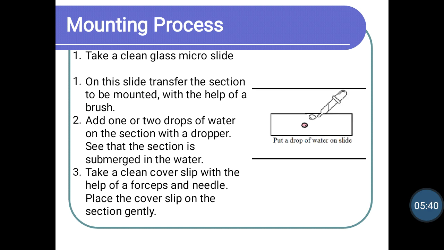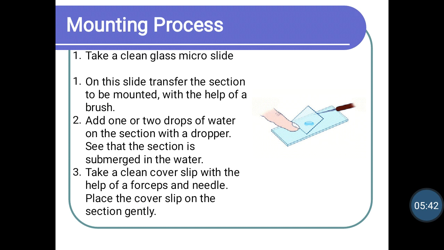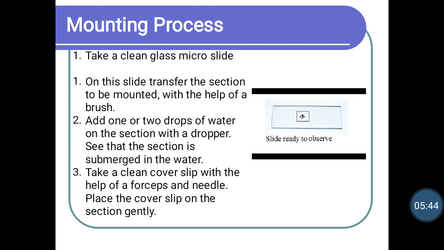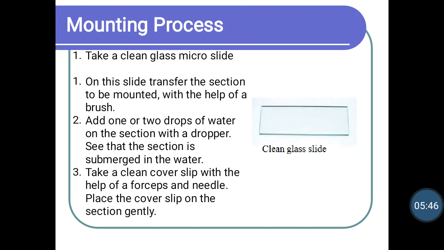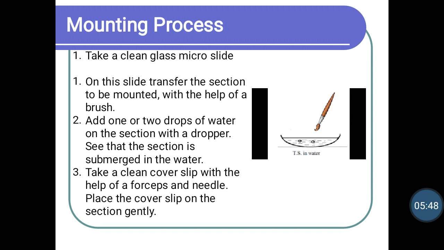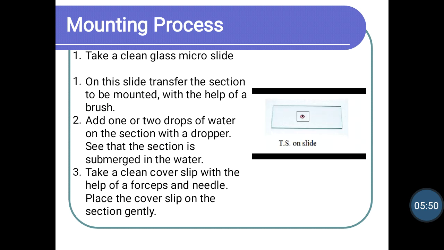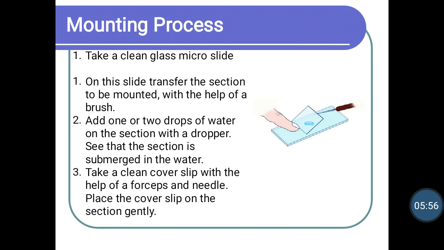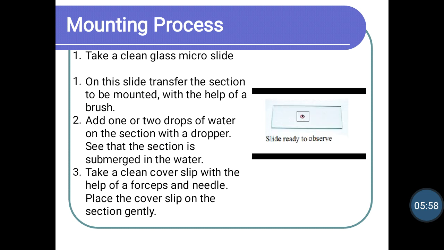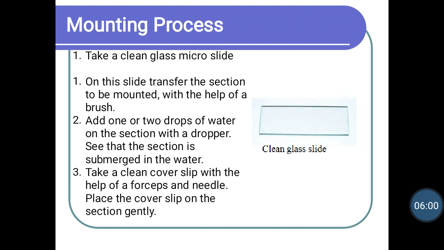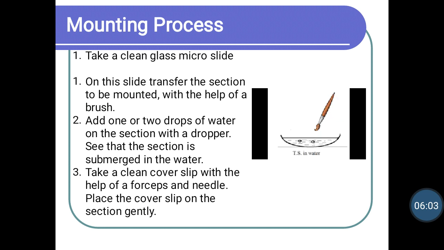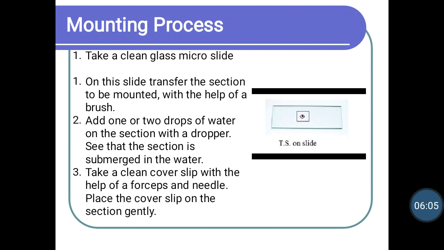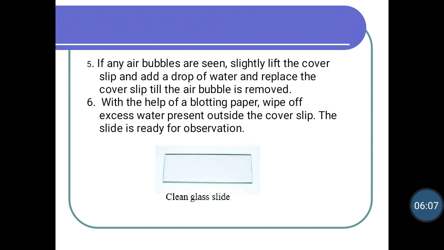Then add 1 or 2 drops of water on the section with the help of a dropper and see that the section is submerged in water. After that, take a clean cover slip with the help of forceps and needle, and place that cover slip on the section gently.